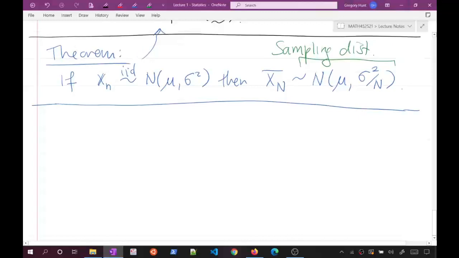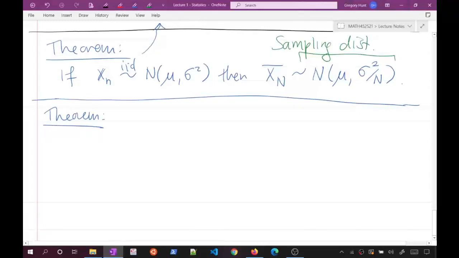If it's not obvious to you why that's true, that's okay. We will show it. But before we get quite there, let's make some more general statements about X bar, because it is this very important statistic. And we want to talk first about sums of random variables.